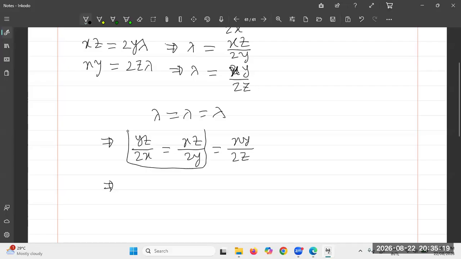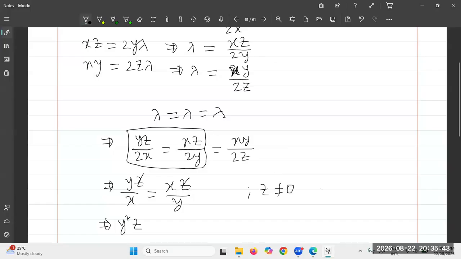First of all, taking these two ratios, yz divided by x is equal to xz divided by y. So this is basically y square z equals x square z. We can cancel z from both sides, and the condition is z is not equal to 0. So let z not be equal to 0, and in that case our y square quantity is equal to x square.